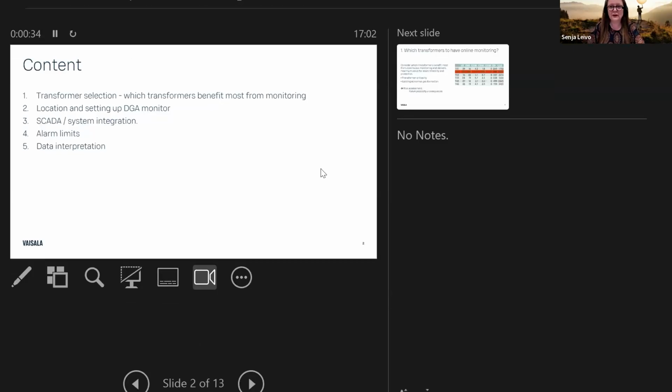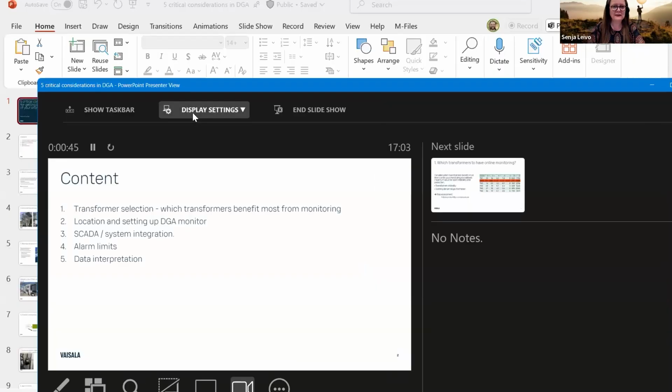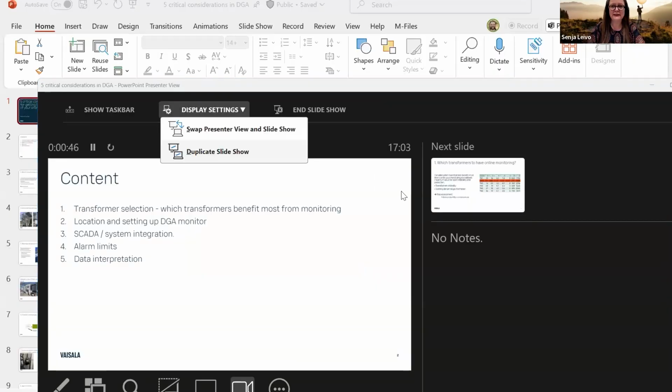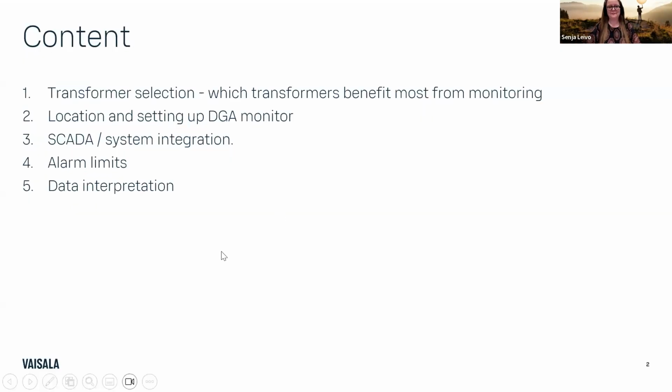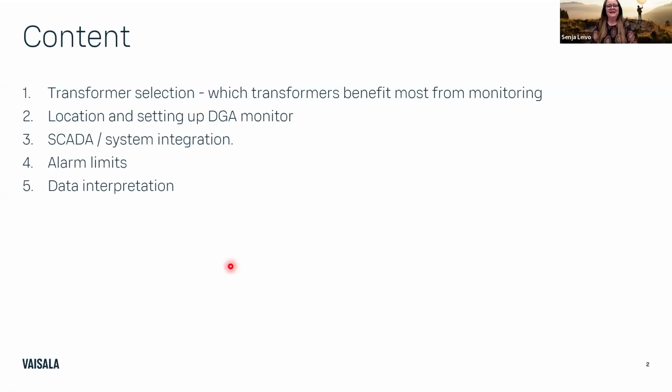Okay, so you have the presenter's view now. Display settings, duplicate. Here we go. Perfect. Okay, sorry for that.